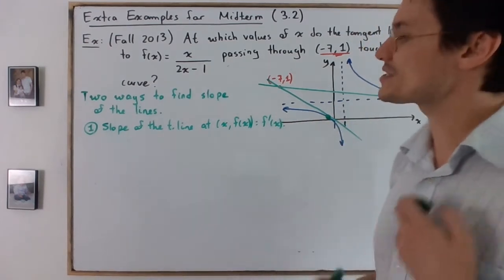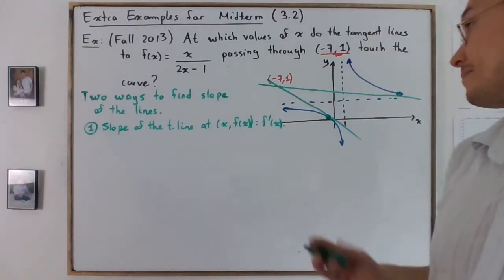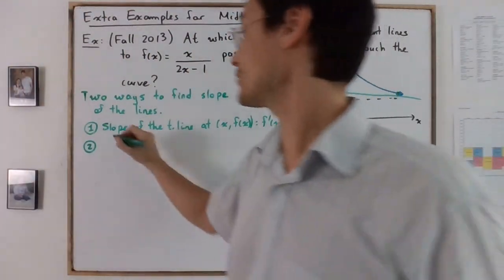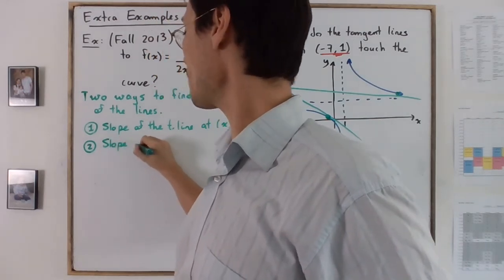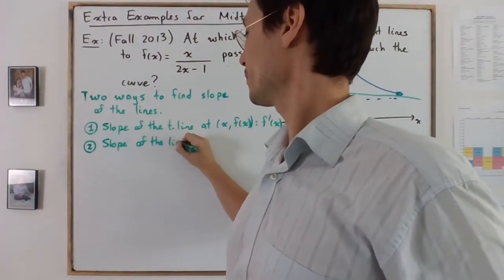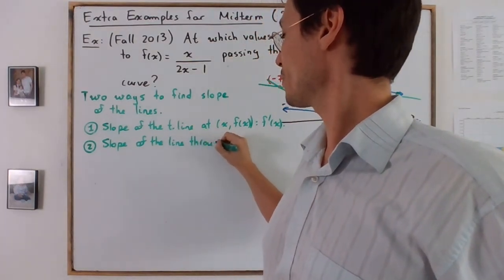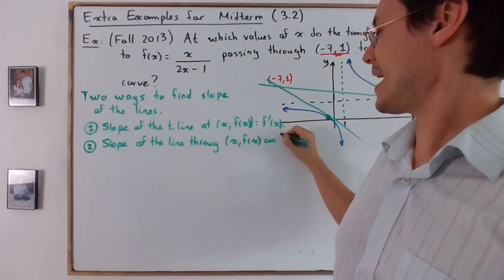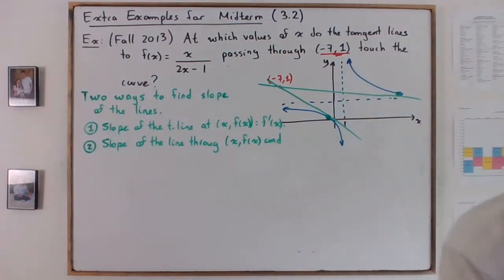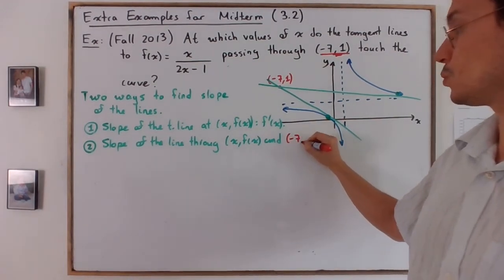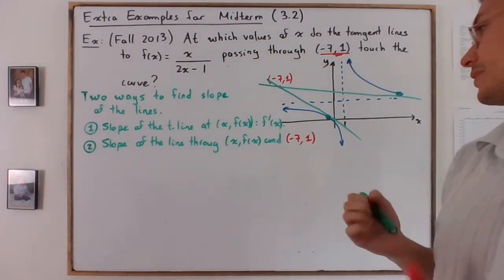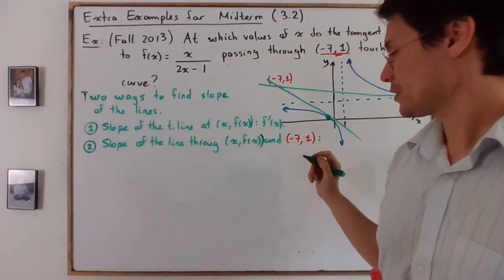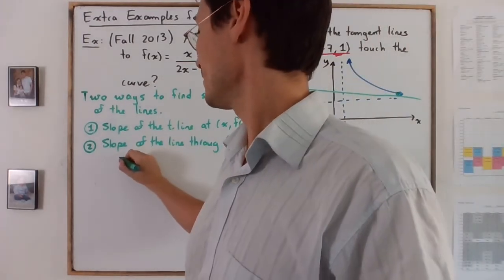So this is the first step in the problem. The second step is that this will turn out to be the same slope as the slope of the line through (x, f of x) and the given point, (-7, 1). This slope will be given by delta y over delta x.